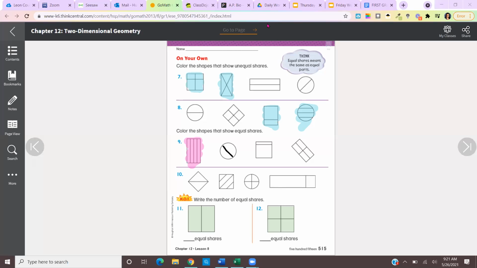So does that circle show equal shares? On your page, yes. What about this square on number 9? Does it show equal shares, parts that are the same size? No. And what about this rectangle on number 9? Does it show parts that are the same size or equal shares? Yes.